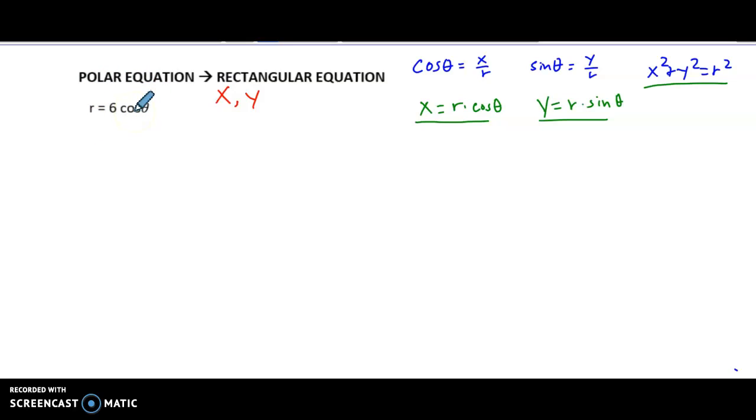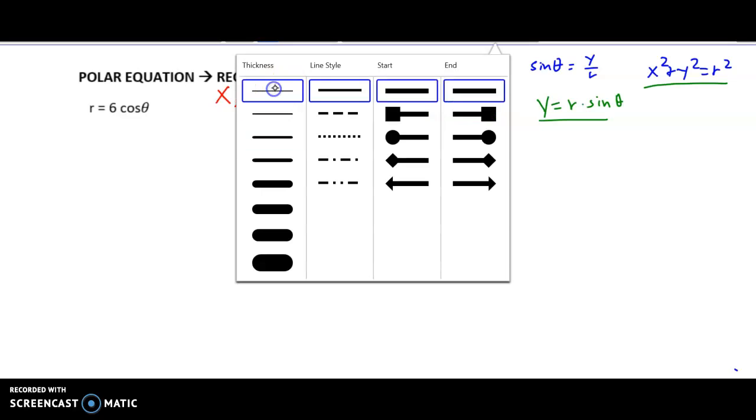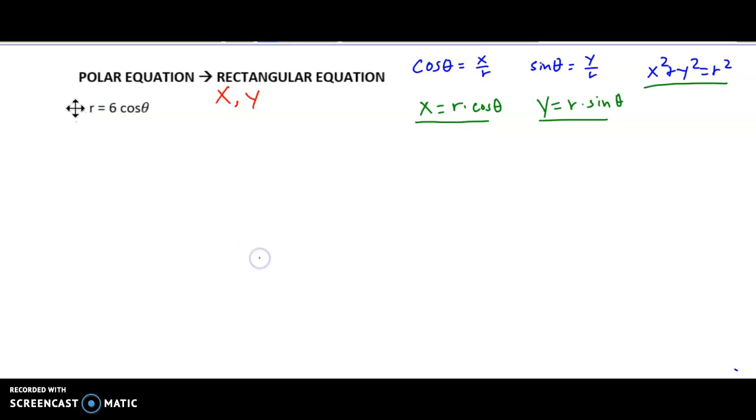So here's what I'm going to do for this first one. Remember in math, you can always manipulate as long as you do the same to both sides of the equation. So I'm going to multiply both sides of the equation by an r, right? So on the left side, I get r squared equal to 6 cosine theta times r.